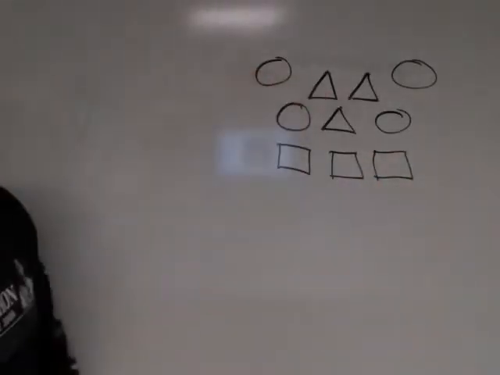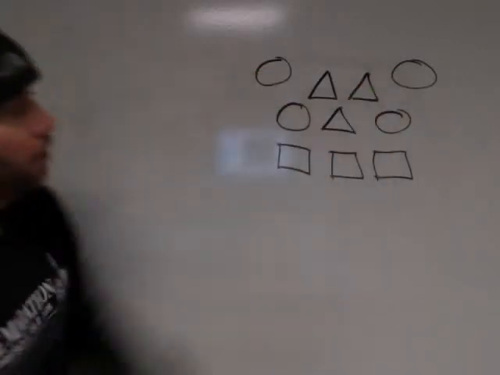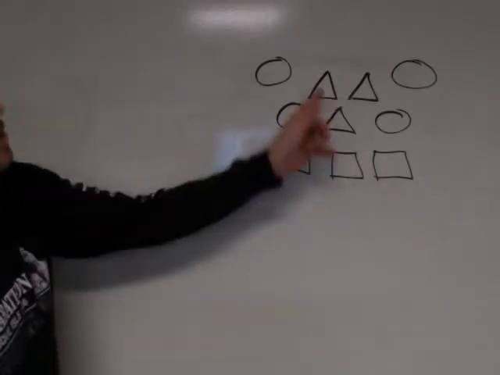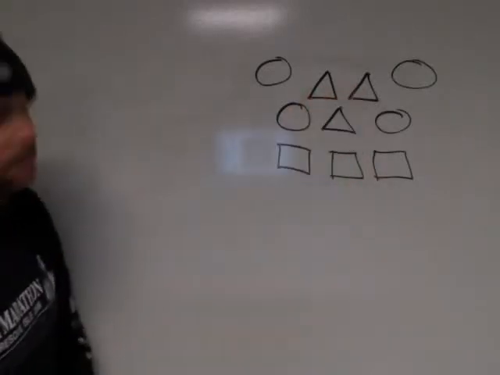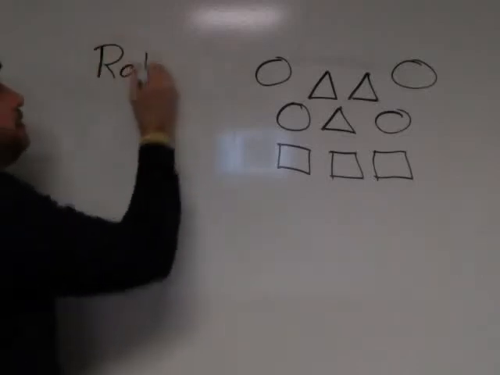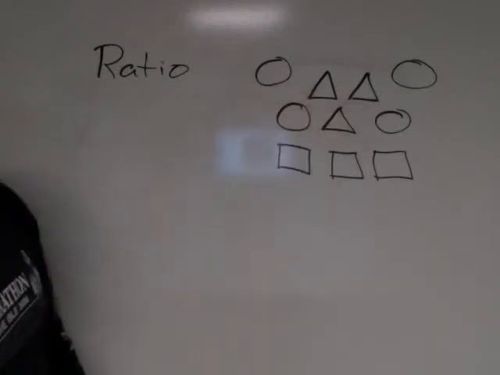Now we have a group of shapes up here. You'll notice that we have 1, 2, 3, 4 circles, 1, 2, 3 squares, and 1, 2, 3 triangles. Now we can begin making many different ratios when we look at this information.